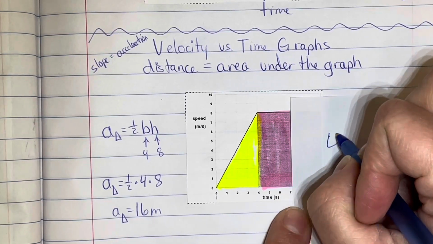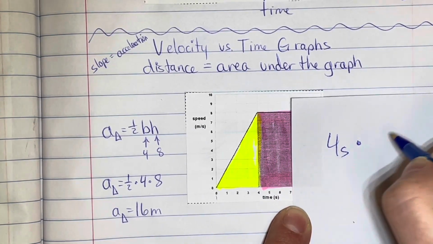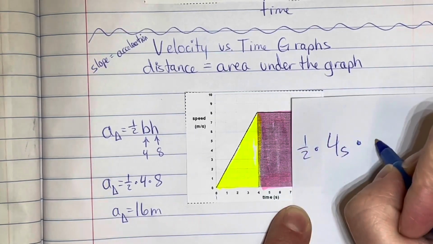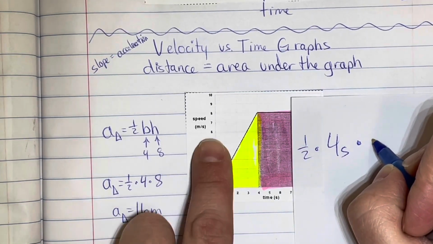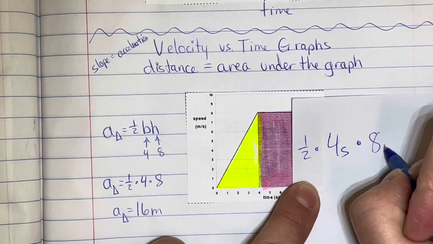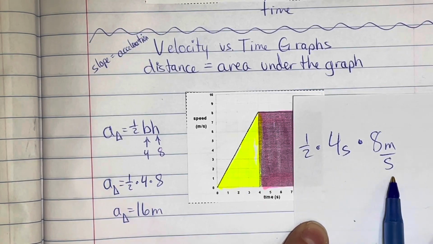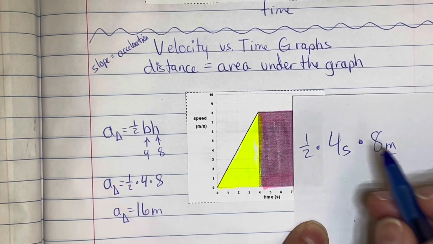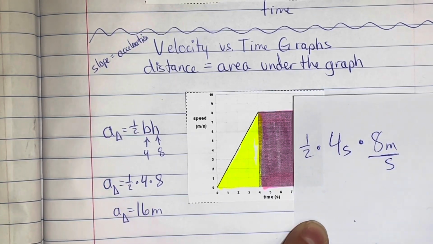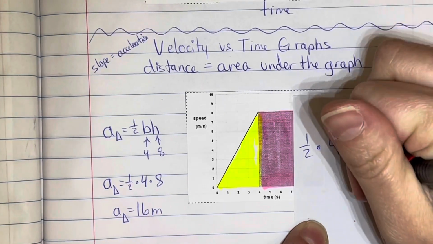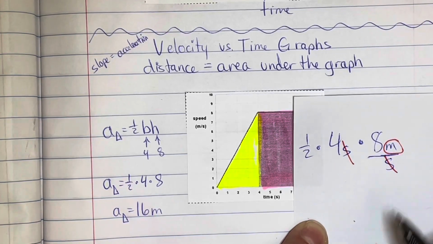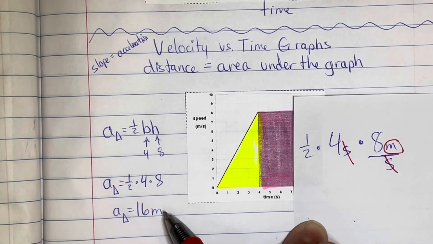So we did 4 seconds and we multiplied it by 1/2 and then we multiplied it by the height, which is meters per second. 8 meters per second. Okay? Seconds in the numerator, seconds in the denominator. If I have the same units in the numerator and the same units in the denominator, what happens to them? They cancel out. Seconds are eliminated. I'm left with meters. So that's 16 meters. Meters measures distance.